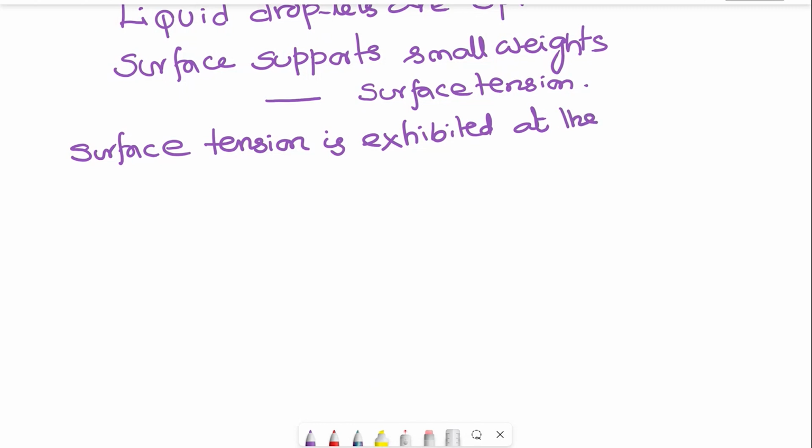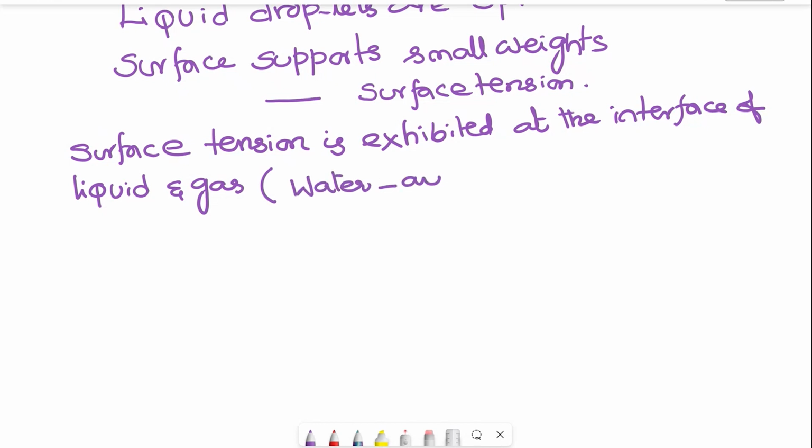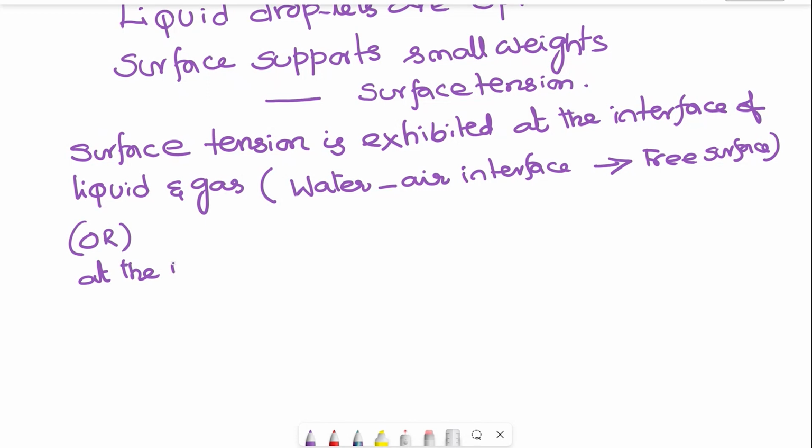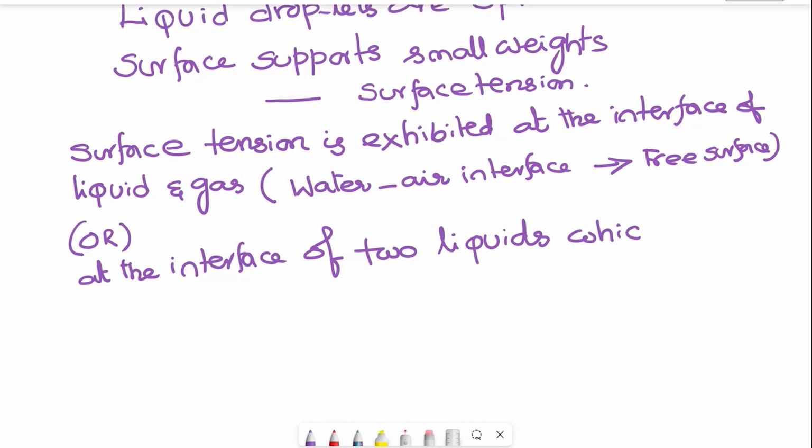at the interface of liquid and gas. It is the water-air interface, which is also called the free surface, or at the interface of two liquids which do not mix with each other.